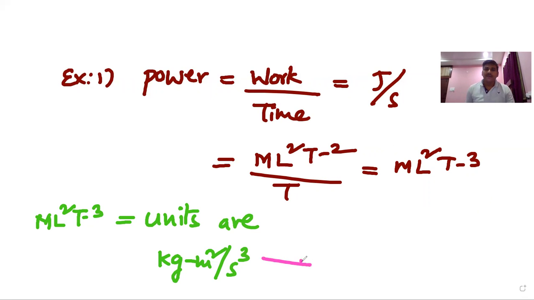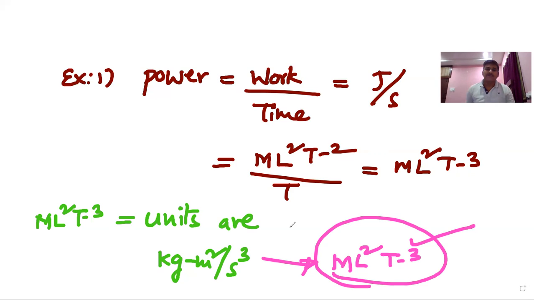In the reverse case, if I know these units, I can easily convert. Kg is mass. Meter square is L square. And second is time, it comes into the denominator, T minus 3. This is the dimension formula, which is the same as this. So if you know the dimension formula, you can derive units. Vice versa, if you know the unit, you can easily derive the dimension formula.